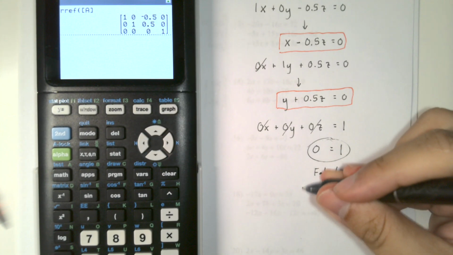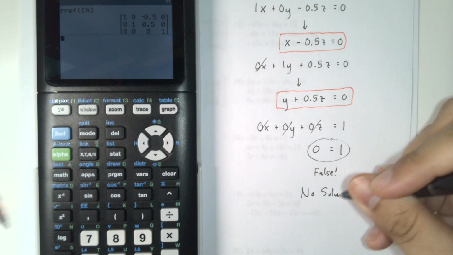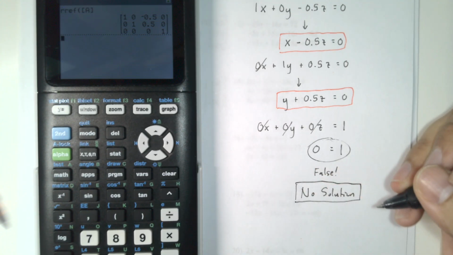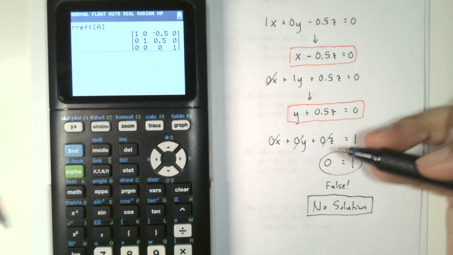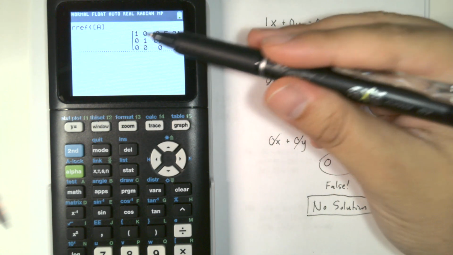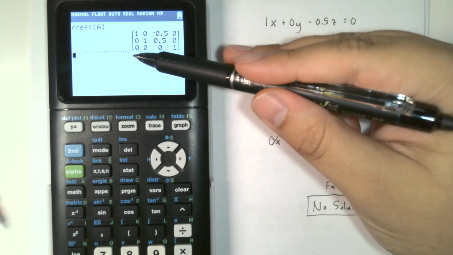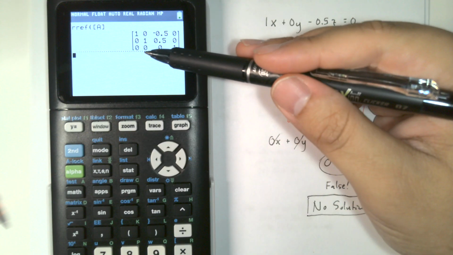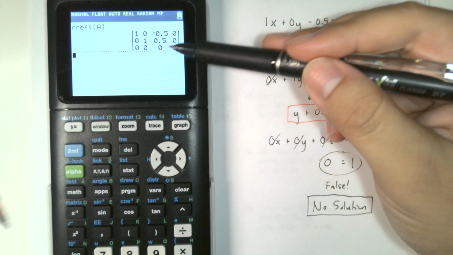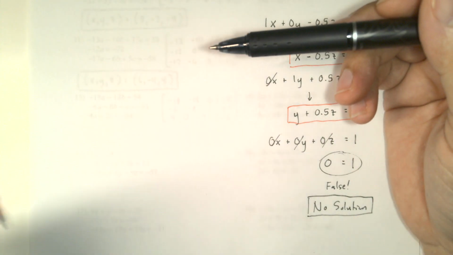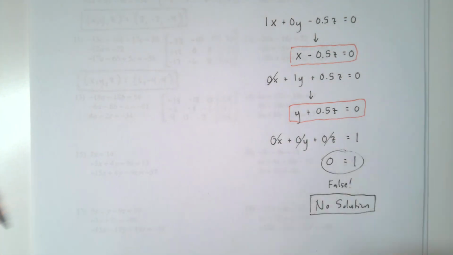And so, what that means is we have no solution. And so, this is your calculator's way of telling you that you have no solution. It doesn't just say no solution on your screen. It tells you in the form of this bottom equation here that you have 0 plus 0 plus 0 is equal to 1. So when we have 0 is equal to 1, we know that is false.